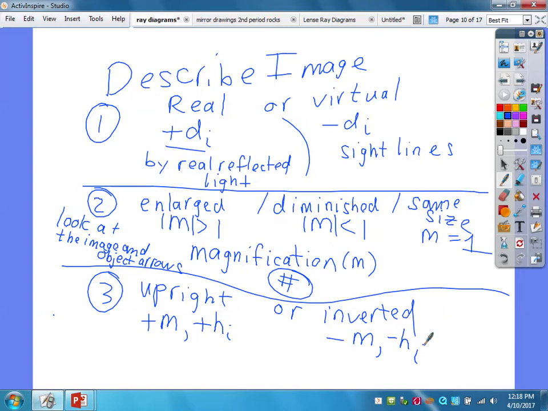Again, pretty clear on your drawing, the arrow will be upside down. One arrow will be up, one arrow will be down if it's inverted. If it's upright, both arrows will be going up. The last thing that we were talking about here is, where is the image? That's obviously going to be related to image distance.